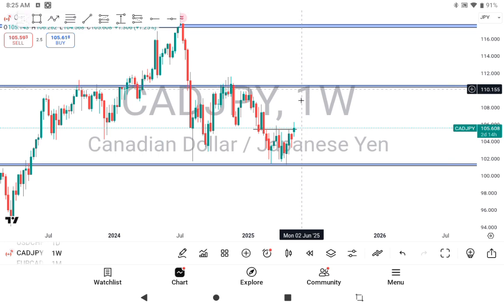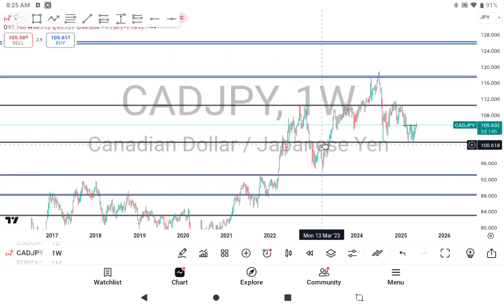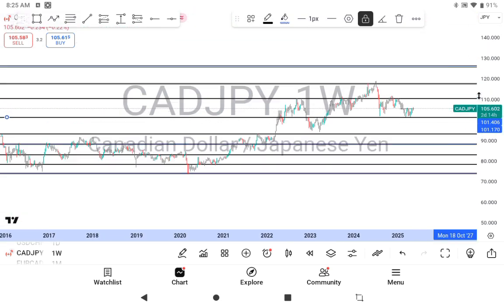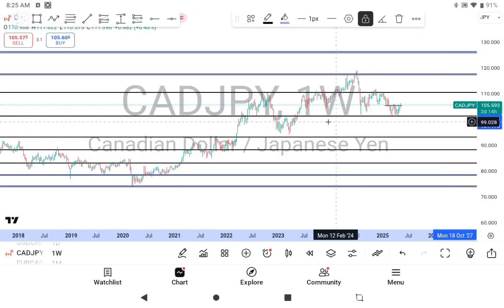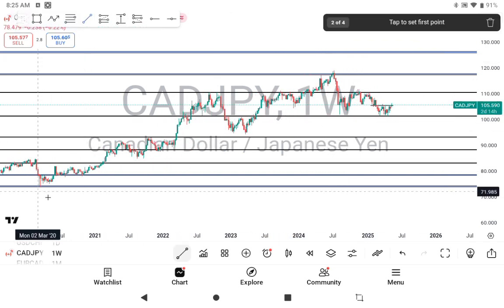And also, let's draw out the trend line. Draw out the trend line like so.